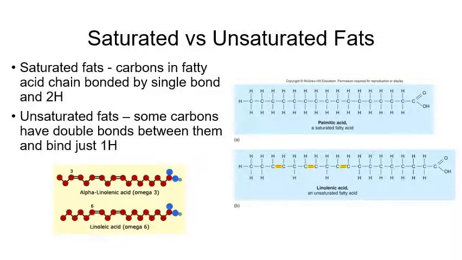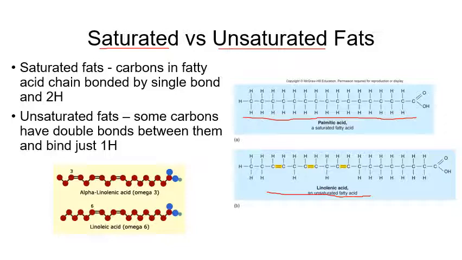So some terminology on our fatty acids. You guys have probably heard in the news the difference between saturated and unsaturated fatty acids or fats. This is a saturated fat. Okay, what do you see with these carbons? What's the difference between this and the unsaturated?